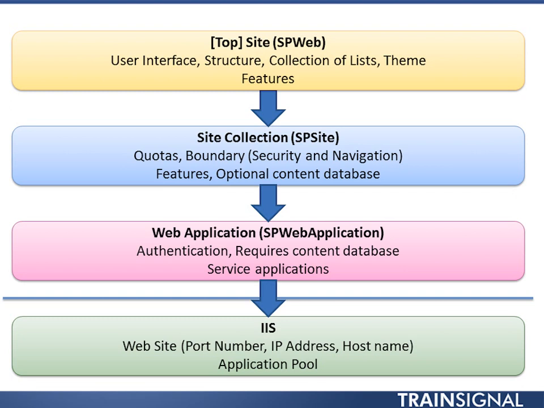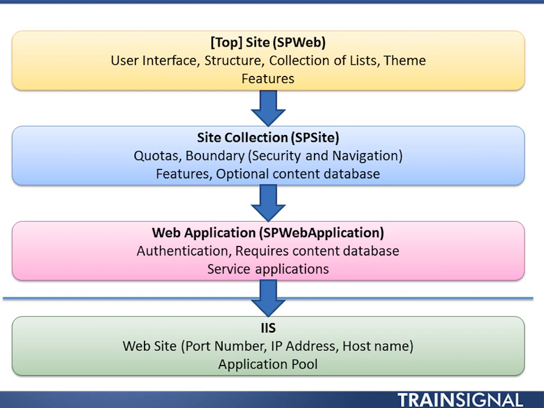You'll notice that it's one top site per site collection. Now, from there, I can create basically as many child sites as I want off of my top site. My site collection is contained inside of my web application. My web application can basically have as many site collections as I may need. My web application is going to set the authentication mechanism, and it does require a content database because it's going to set the scope for my content database.